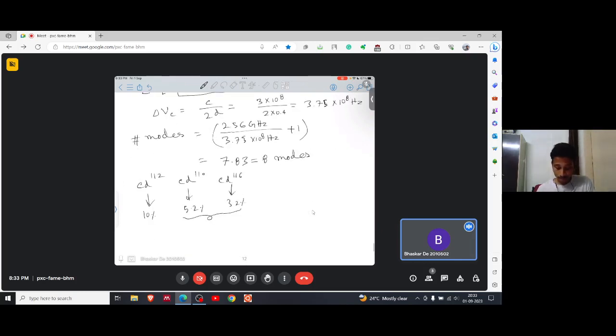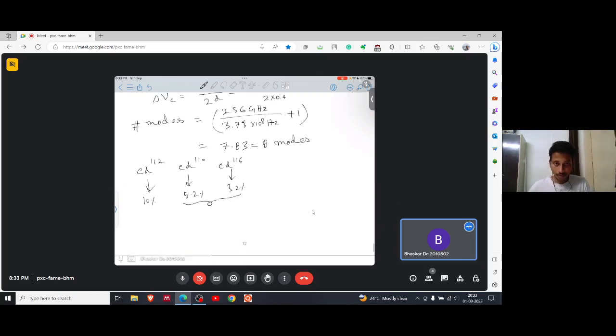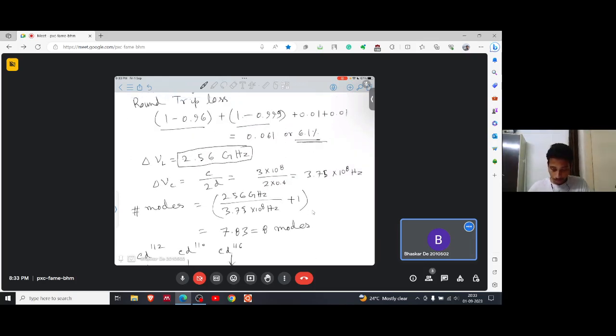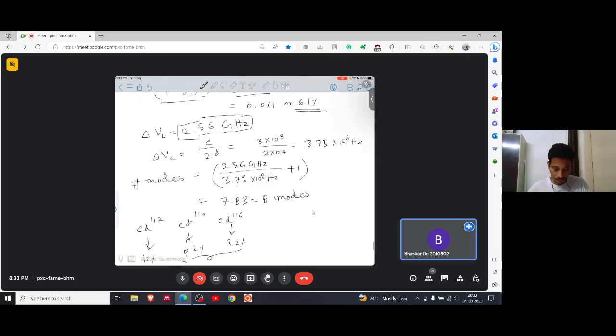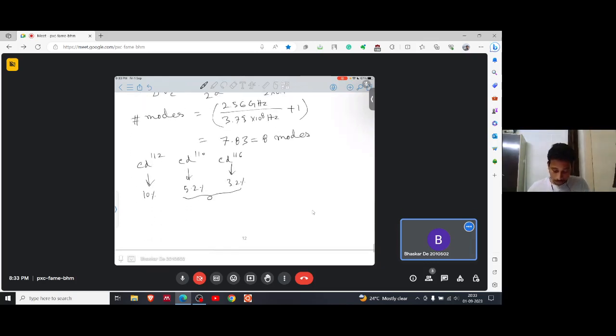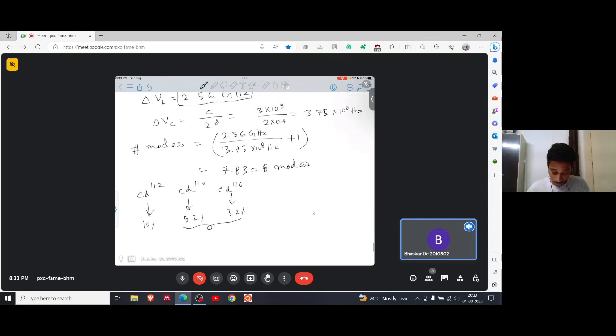This is information that is not provided in the problem here, but it will definitely be provided in the exam. Here it is not provided, so I have to collect it from somewhere. Then you have to use this and calculate the number of modes.